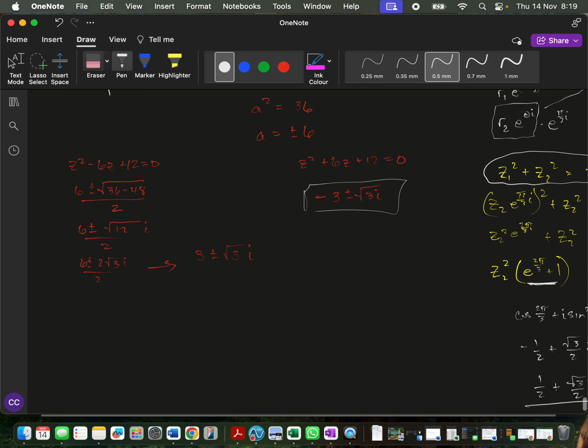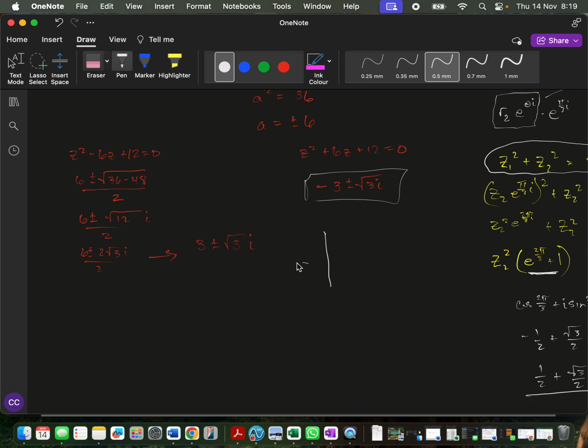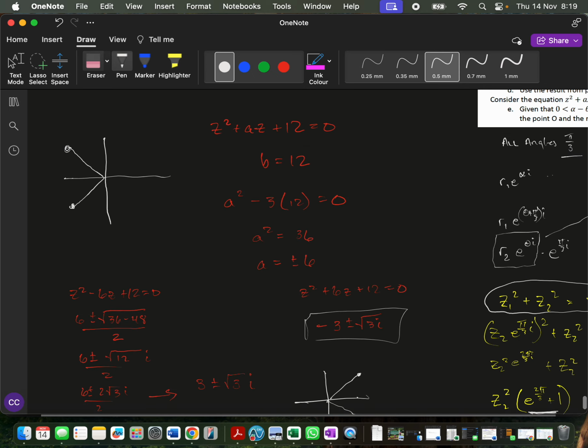If I look at the other one, I would have 3 and then up root 3, and 3 and then down root 3. Just so we have that. So if I use this one, my Z1 has to be there because it has to be bigger than Z2. My Z2 would be there.